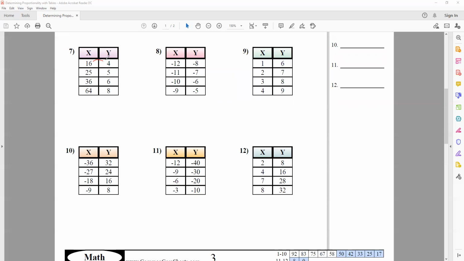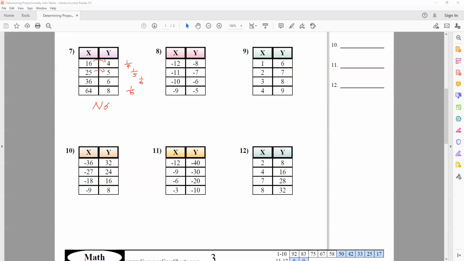Right, so 1/4. And then the other one would be 1/5. Yes. And then the next one would be 1/6. And the other one would be 1/8. So no. Nope. All right.